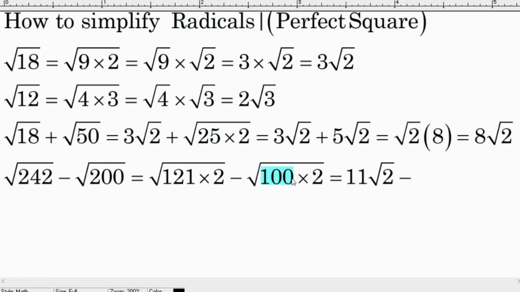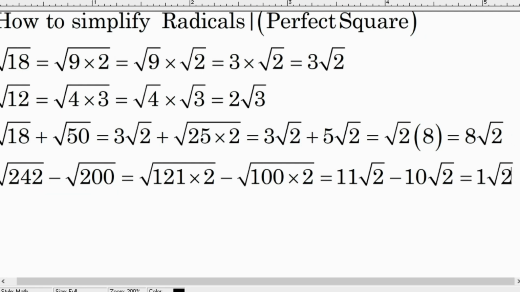So 100 is a perfect square of 10. So that will be equal to 10 square root of 2. Okay, so then as we can see, we have the same radical here. So what we can do is just take 11 minus 10. That will be equal to 1 square root of 2. 1 square root of 2 actually could be written as square root of 2.